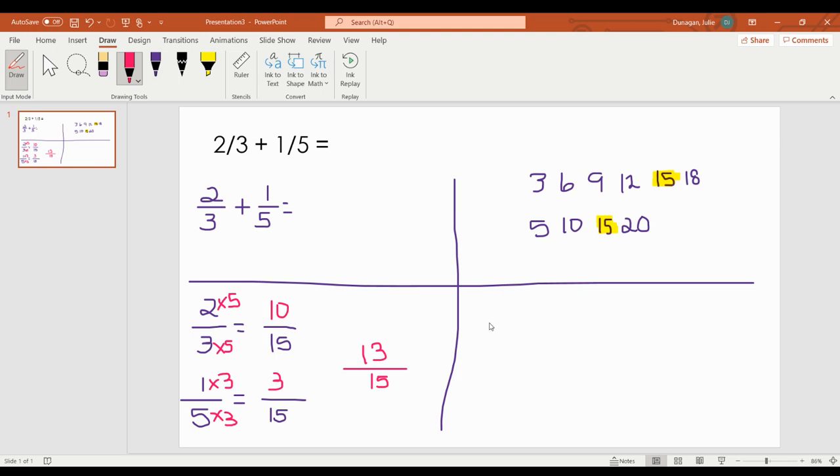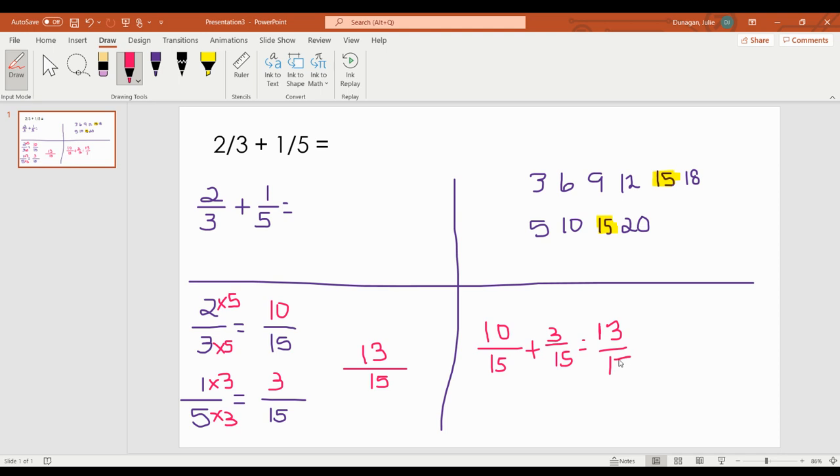Okay, I probably would have rewritten it here. So 10 fifteenths plus 3 fifteenths equals 13 fifteenths.